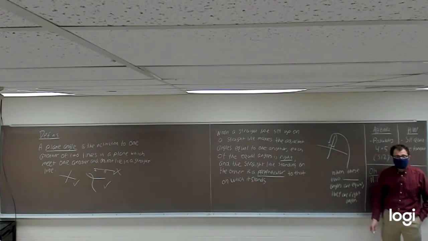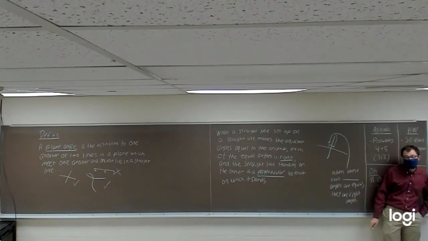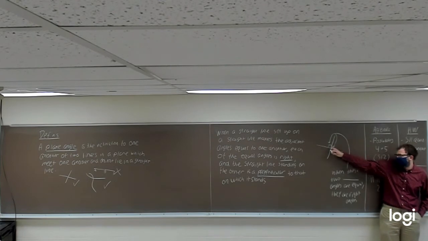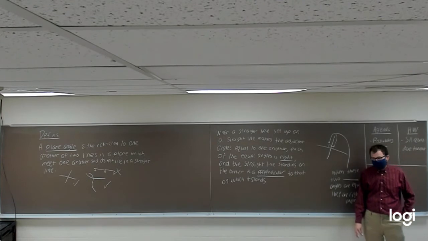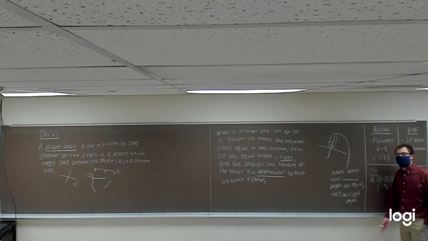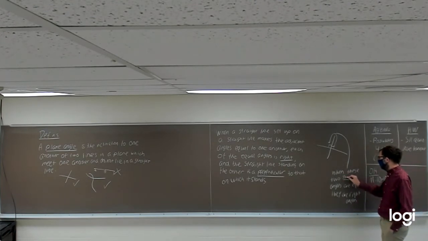So what word in geometry? Anybody remember a word from, say, high school geometry? How can we describe two angles that, if you added them up, you would get 180 degrees? Supplementary. I would say complementary means they add up to a right angle. Supplementary is the one that says they add up to 180 degrees.